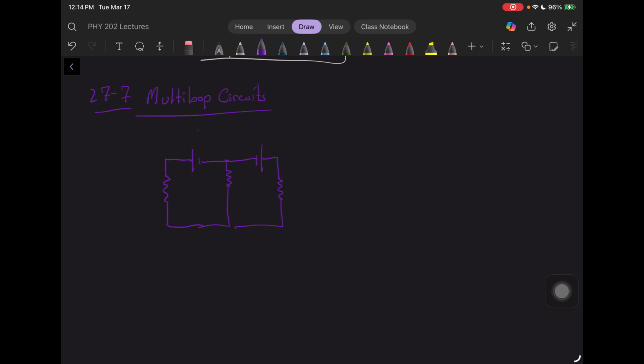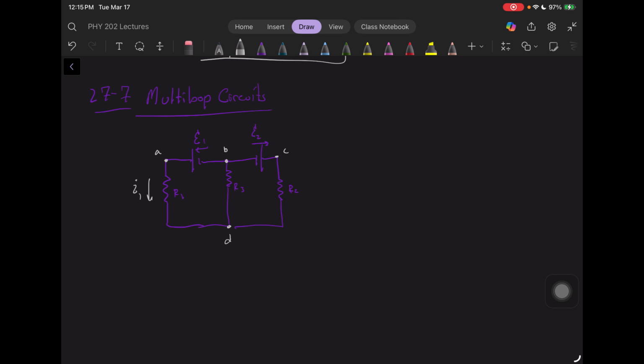Okay, and so we have E1 going this way, EMF2 going this way, R1, R2, R3, and I think we call this A, that's B, there's C, and some point D, I1.